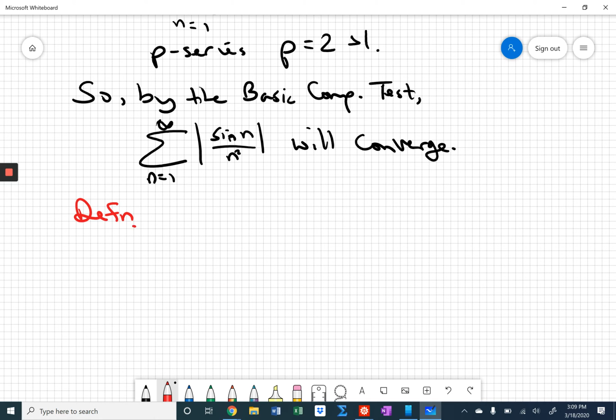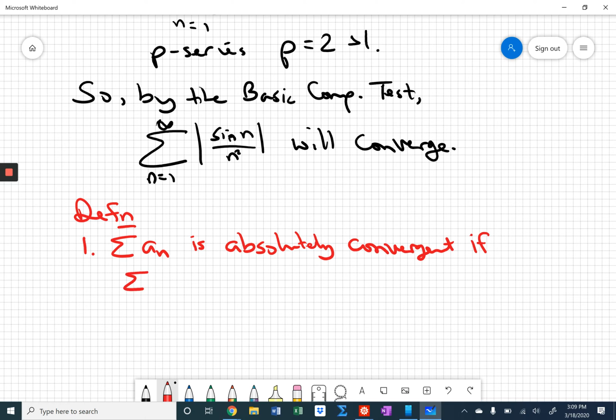So here's the definition. There's two parts to it. The series a sub n is absolutely convergent if the series formed by the magnitude of the terms converges.